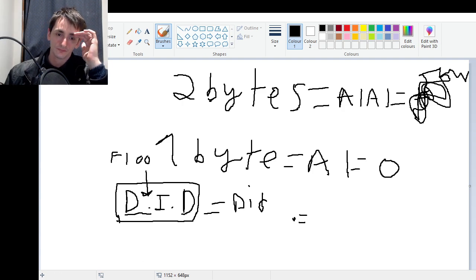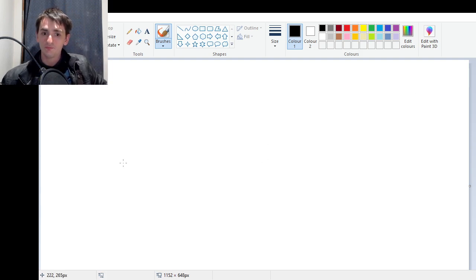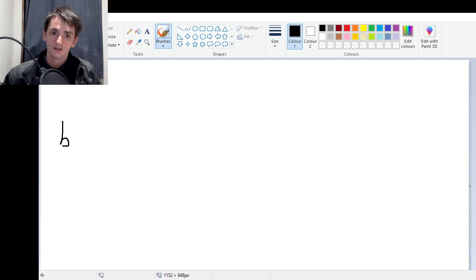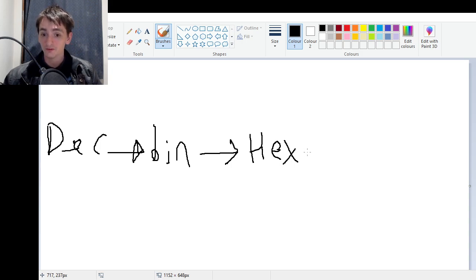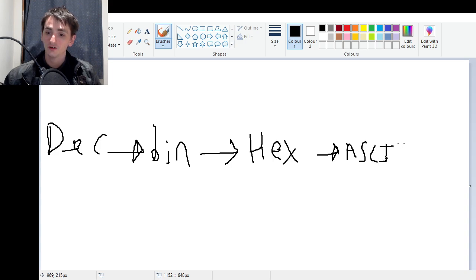So we have binary. Actually, we have decimal values that then get converted to binary values, which are then presented to us for digital forensics as HEX. And for the normal person, for the normies, this is then translated to ASCII, or the sort of letter sheet or the code sheet, or Unicode.